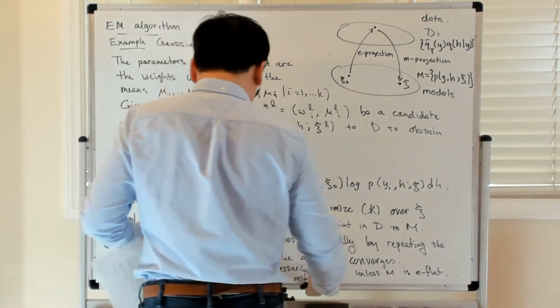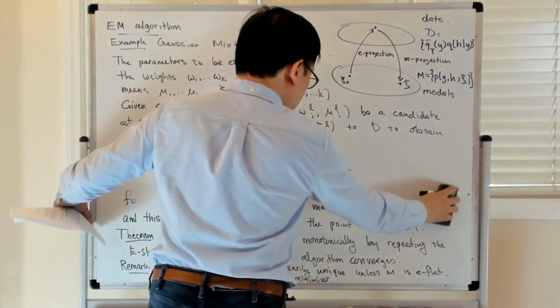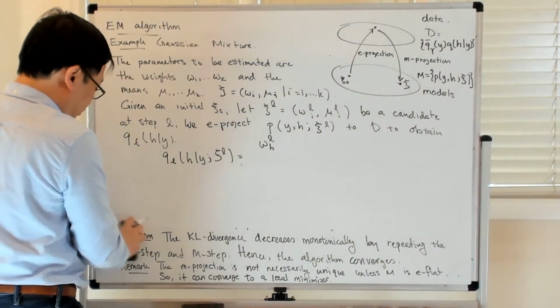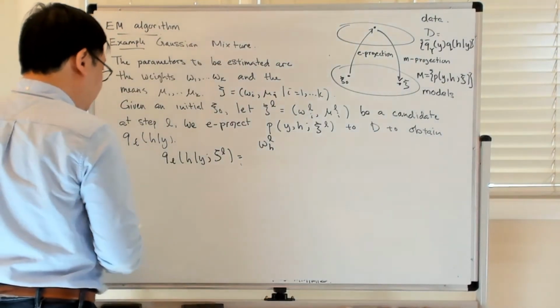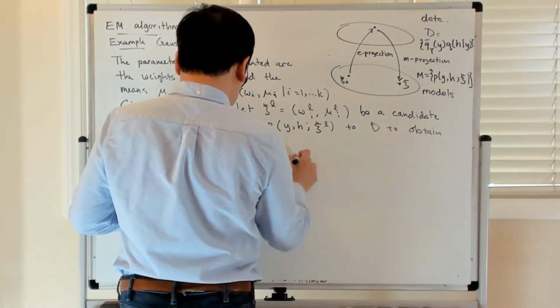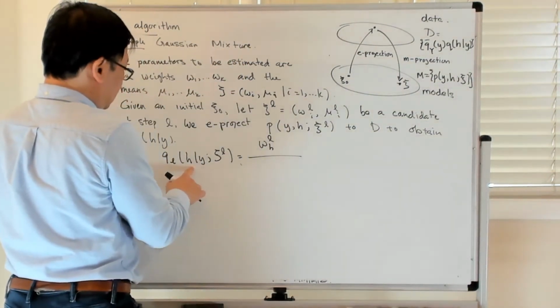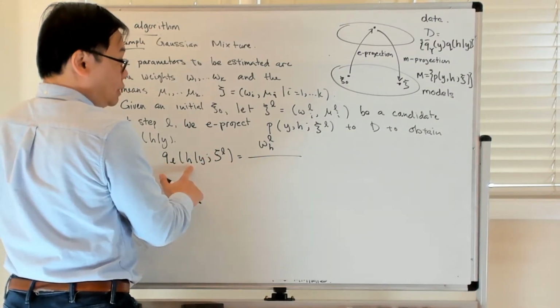If you recall, the hidden variable is which of the k distributions you're actually sampling from. So that's where this W_H^L is. So H is an integer random variable which varies from 1 to k.